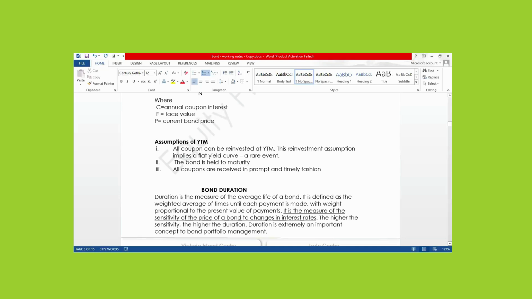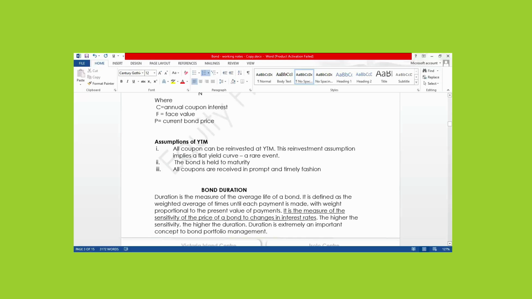When you invest in a bond, you get a return in year 1. You also reinvest the return, and when you reinvest the return, you must reinvest at the rate of YTM. That means your reinvestment rate is the same.